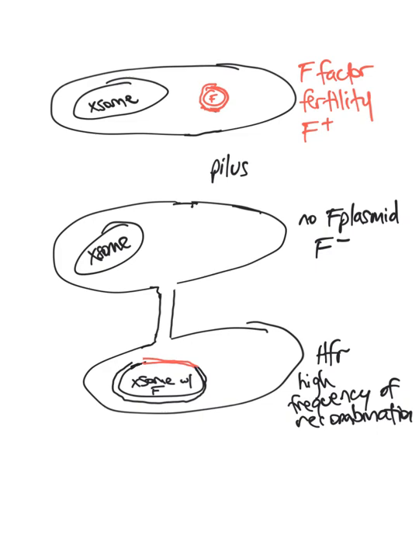On one side of this break, we have the F factor DNA. On the other side of the break, we have the bacterial chromosomal DNA. It's actually the chromosomal side of that break that starts to move through the pilus, okay?